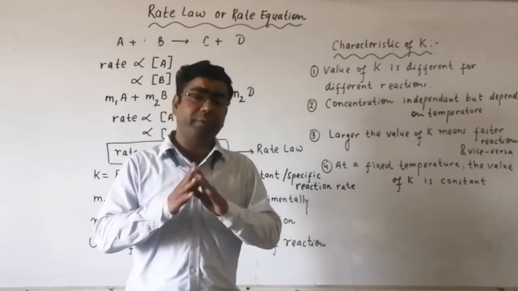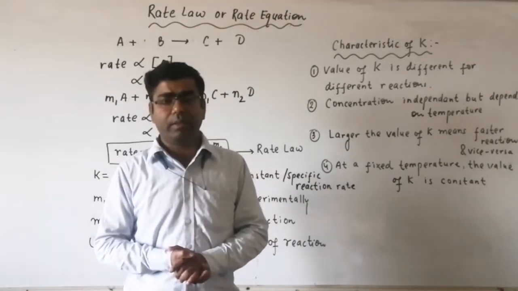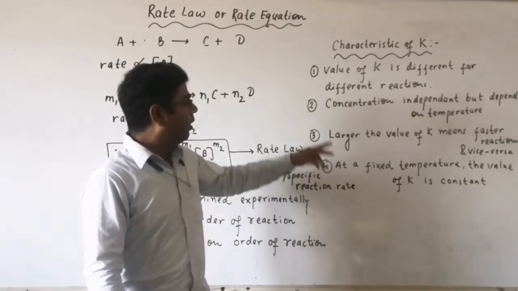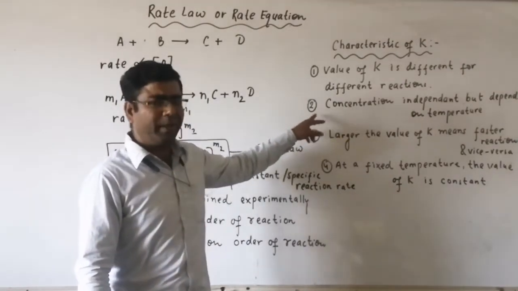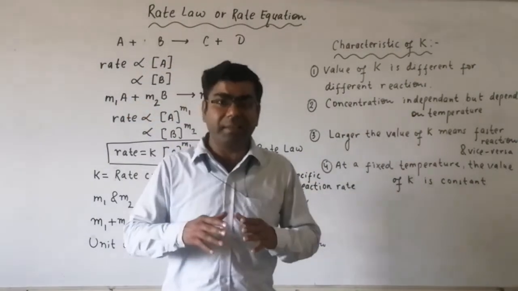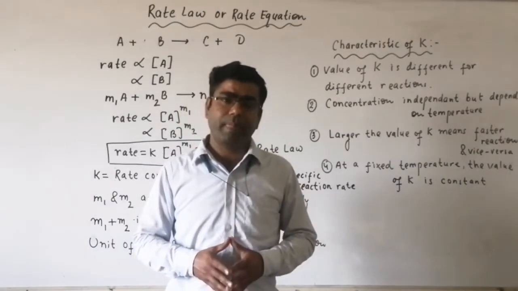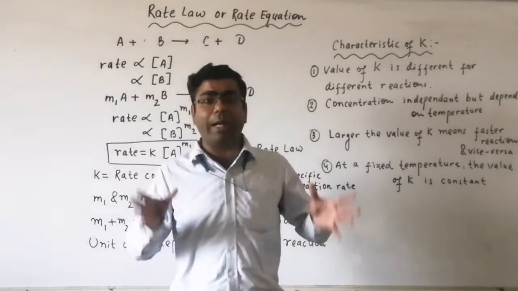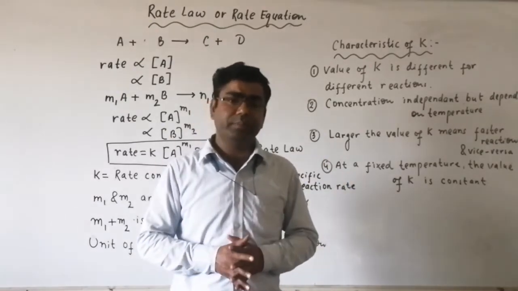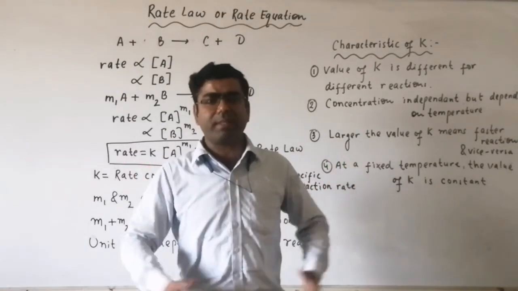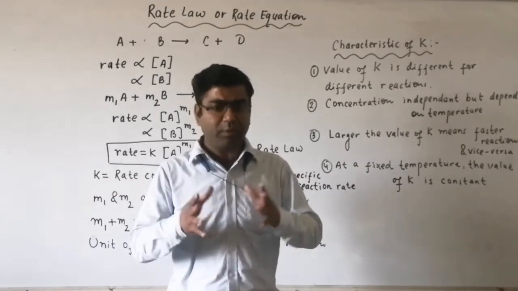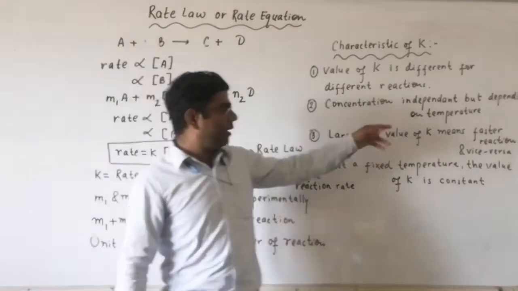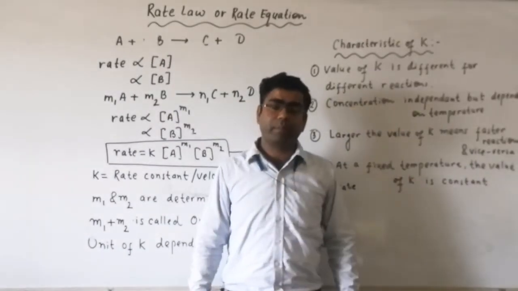Different reactions have different value of K. It does not depend on concentration as it is an intrinsic factor. If you are changing the concentration, it will not change the value of K at a particular temperature. That's why it is a constant, but depends on temperature.